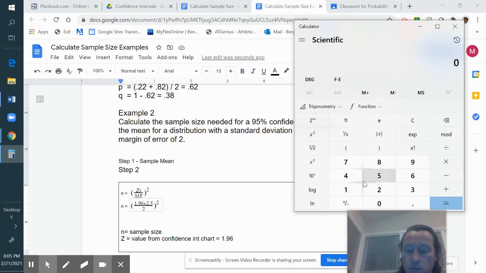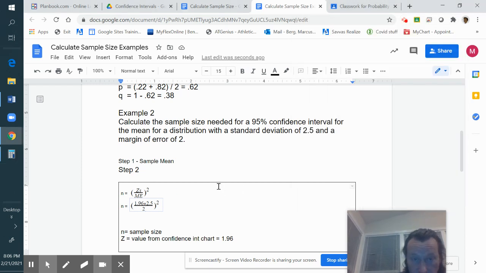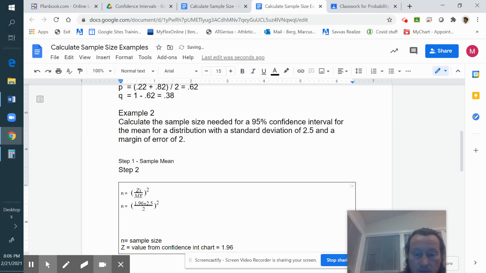Clear that. It's 1.96 times 2.5 divided by 2. And then we want to square that. Which just says we only need 6 people for this. We're saying to get a margin of error of 2, n equals 6.